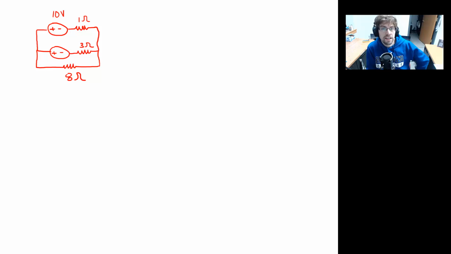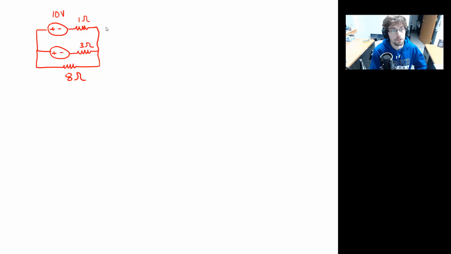I've gone ahead and drawn the circuit, and we already know from past lectures the current running through each of the individual resistors. So let's apply this principle of superposition to find the current through each of the resistors.